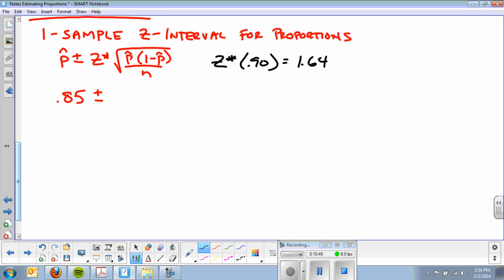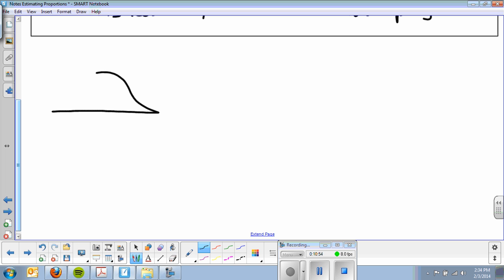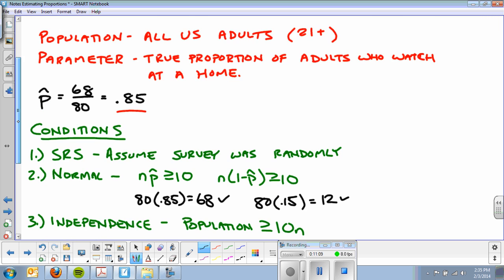And I'll go off to the side and show you that. If the middle's 90%, that means the tails are 10%. Divide by 2, that means one tail is 5% or 0.05. If I inverse normal that number, I will get 1.64. So that's where that comes from.